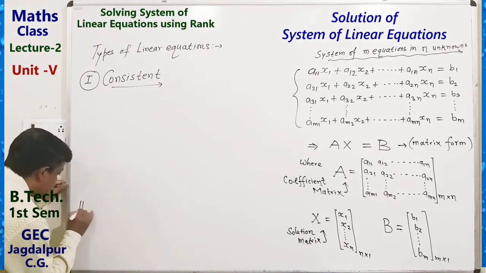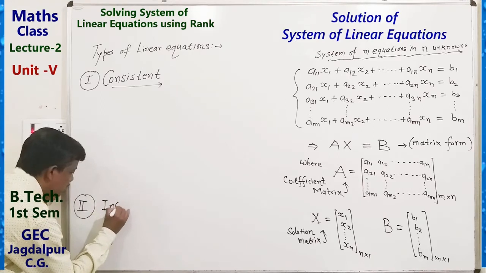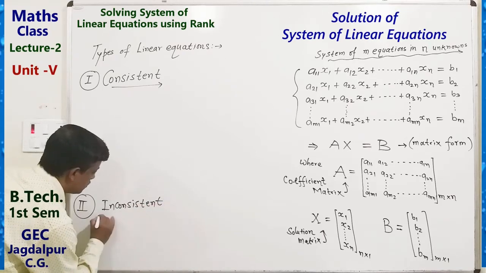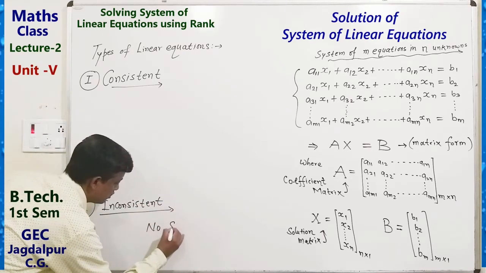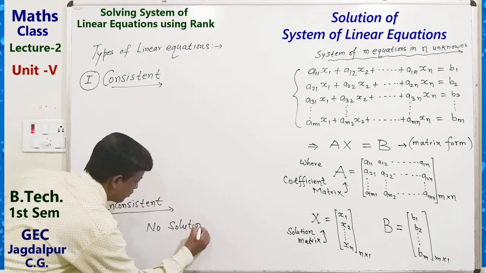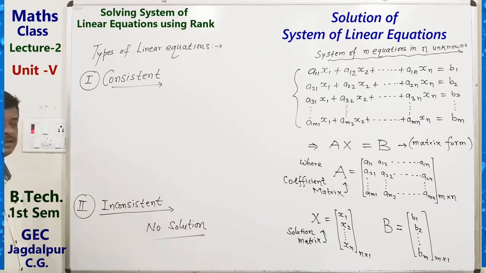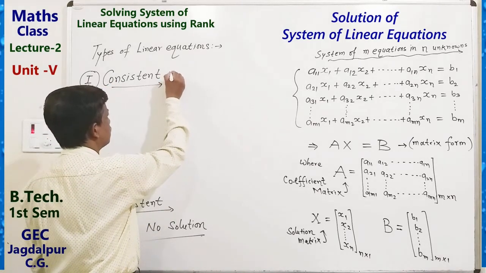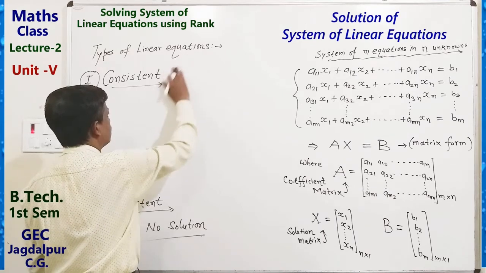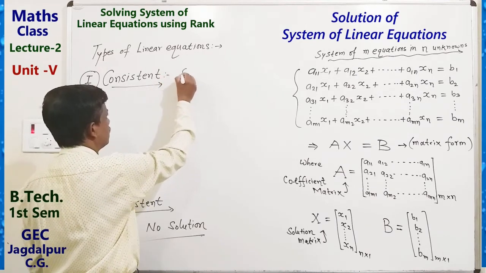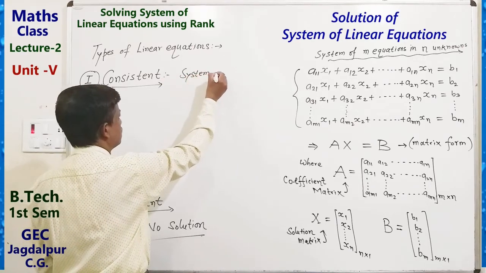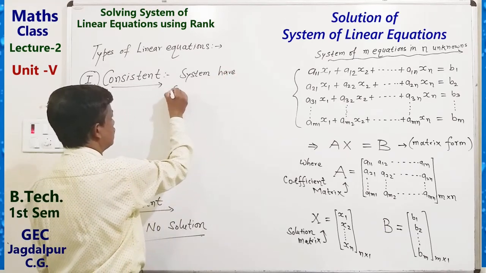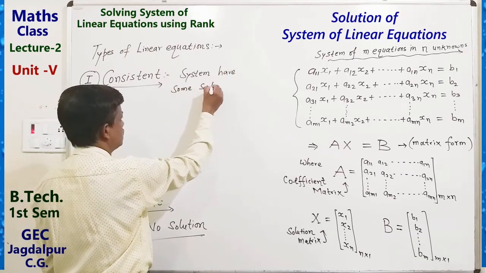Consistent, inconsistent. Inconsistent means no solution. Clear? Consistent means system have some solution.